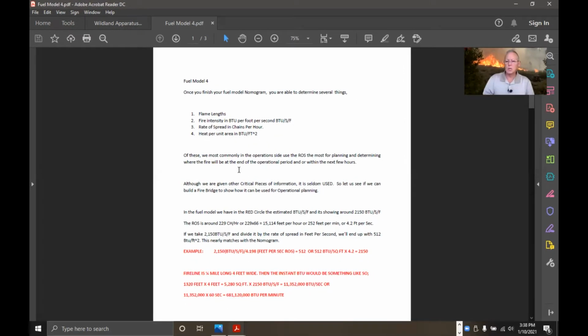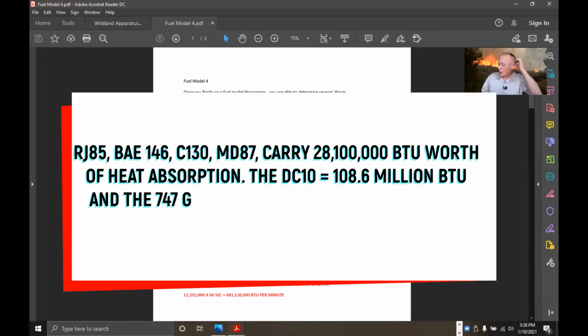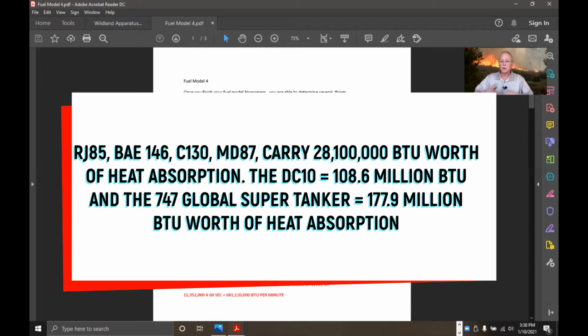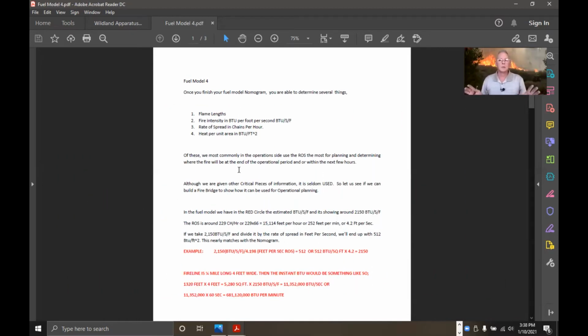How would the BTU per foot per second help you as a planner to determine what you need to suppress it? Because the number one thing that everybody always says is they pull that trigger. Once again, they pull that trigger and they get a hold of a VLAT or LATs or SEATs or helicopters or all the above, and they just throw the world at it and hope for the best.